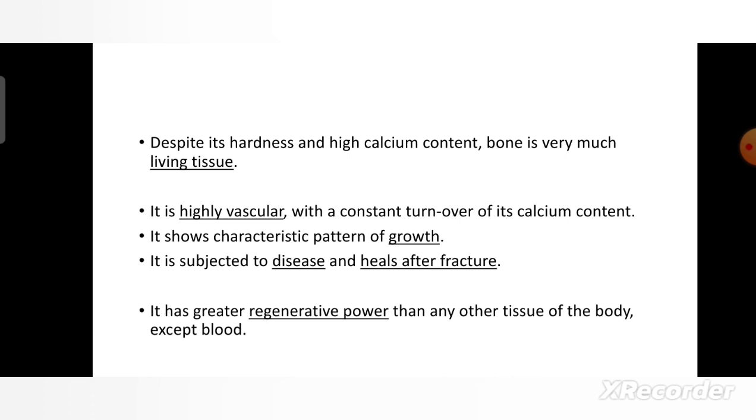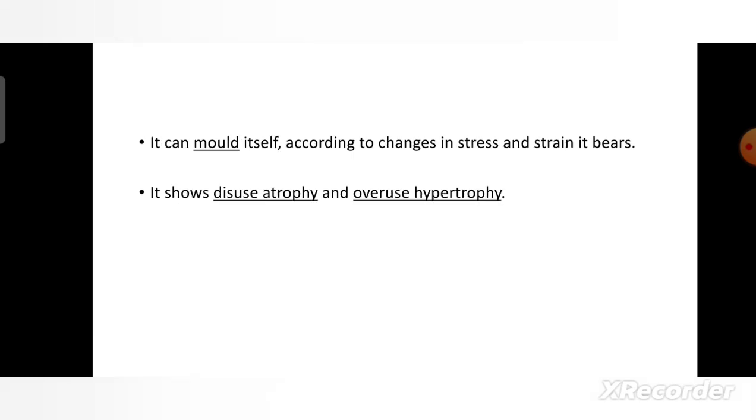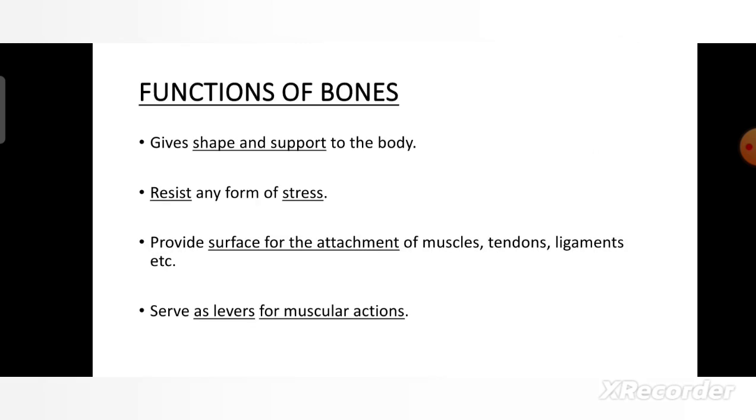It has greater regenerative power than any other tissues of the body except blood. It can mold itself according to changes in stress and strain it bears, and it shows disuse atrophy and overuse hypertrophy.